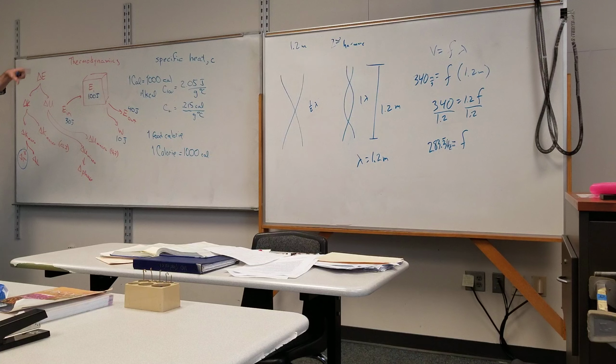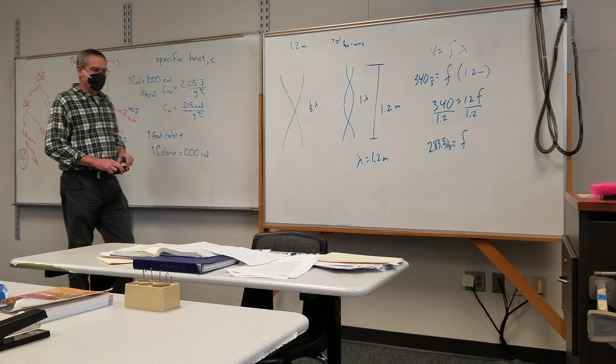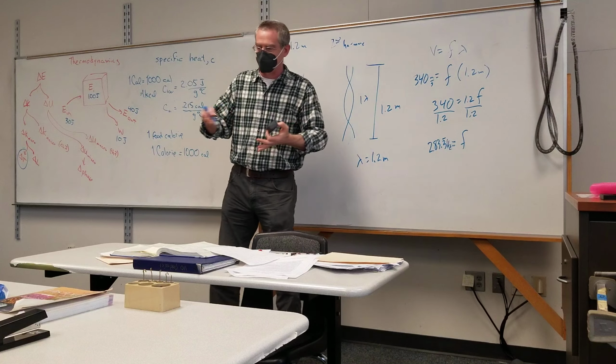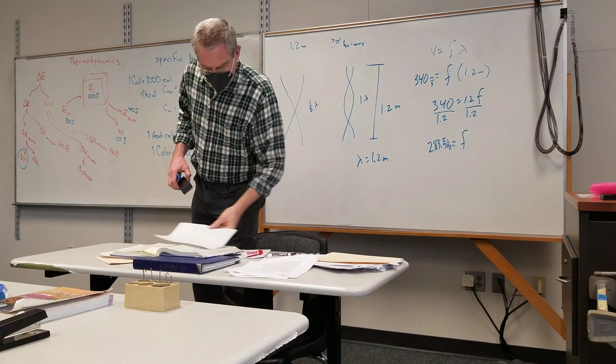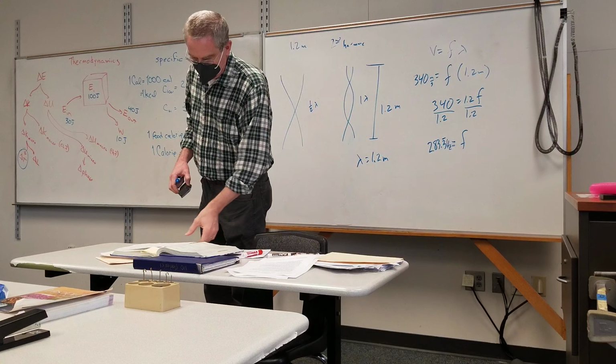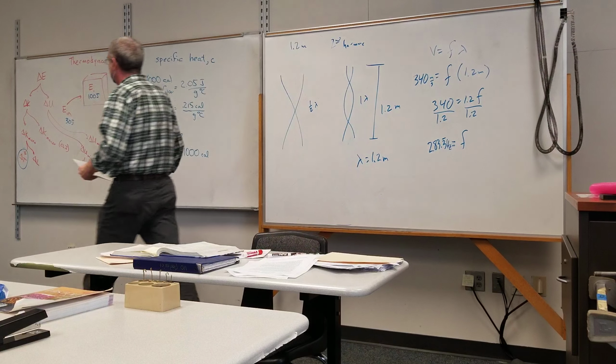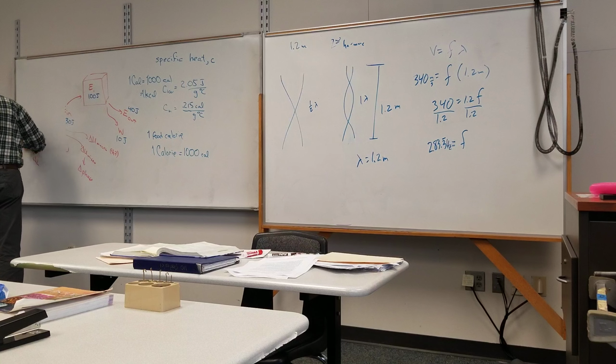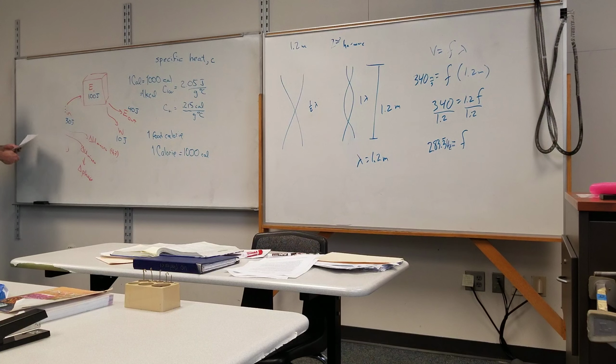All right, now we have this calorie joule issue here. They're both units of energy, so therefore there is a conversion factor between the two. 1 calorie is equal to 4.184 joules.